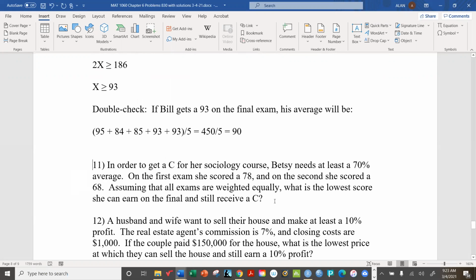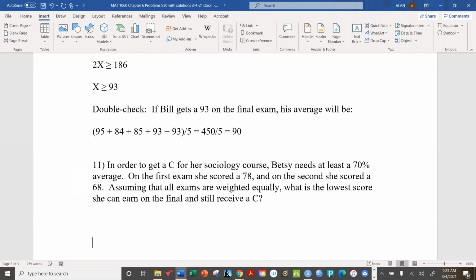Now, here's Betsy. She's also taking a final exam, but she only needs a 70 because she's only aiming for a C. She's decided that C is good enough for her for this class. So therefore, she's just trying to figure out what she needs to get a 70. Now, here, we've got a 78 and a 68, but now all the exams are weighted equally. So this is Betsy's score on the final exam.